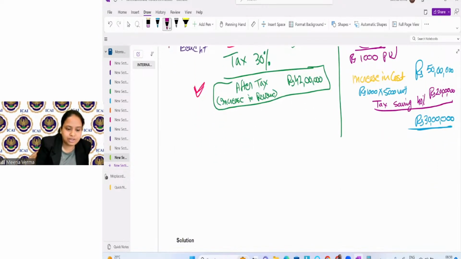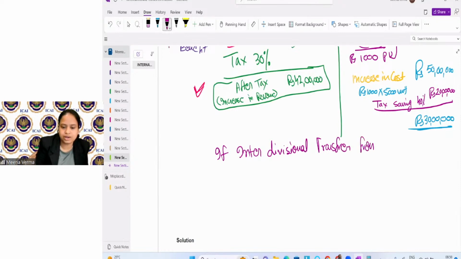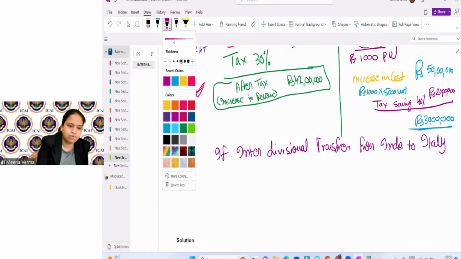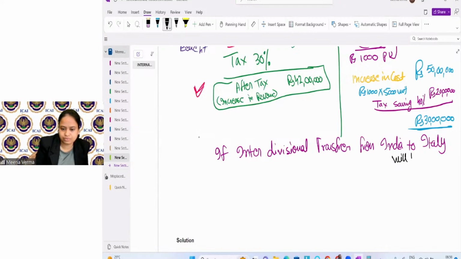So what will happen if the inter-divisional transfer from India to Italy happens?